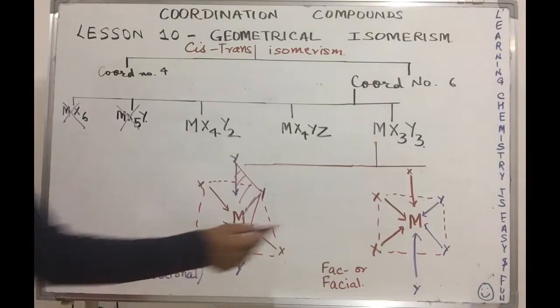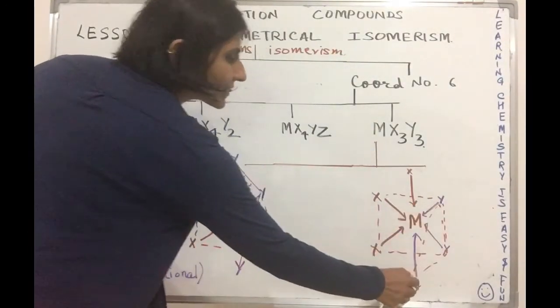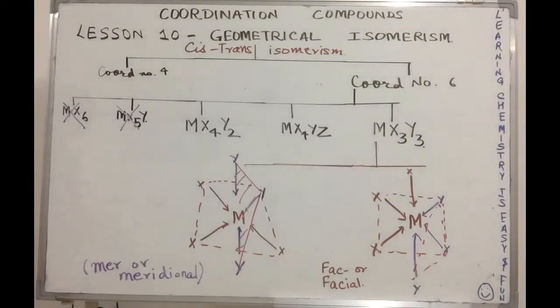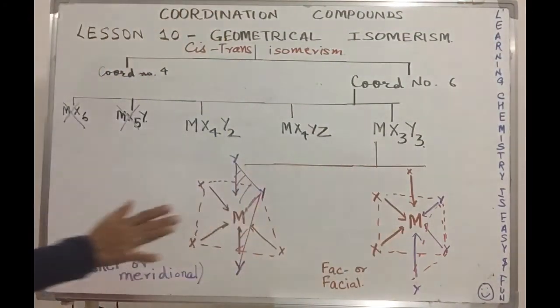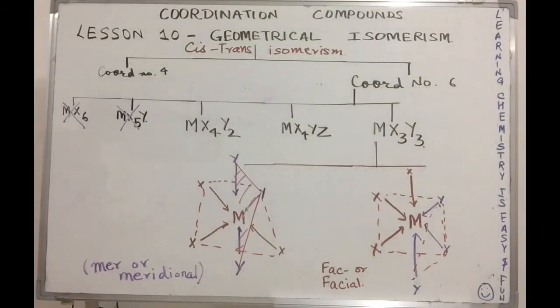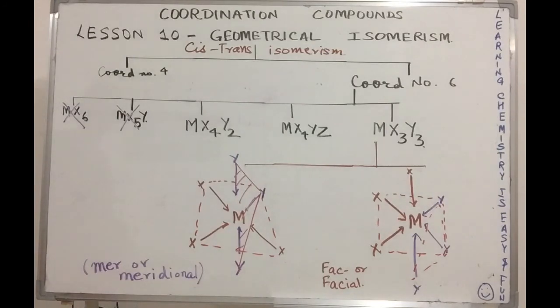And what have we got over here? This and this, right? So your Y could be up and X could be down. Does that make a difference to the isomer? Does it give me a new isomer? No, it doesn't, right? So we've got the two different isomers with this formula.